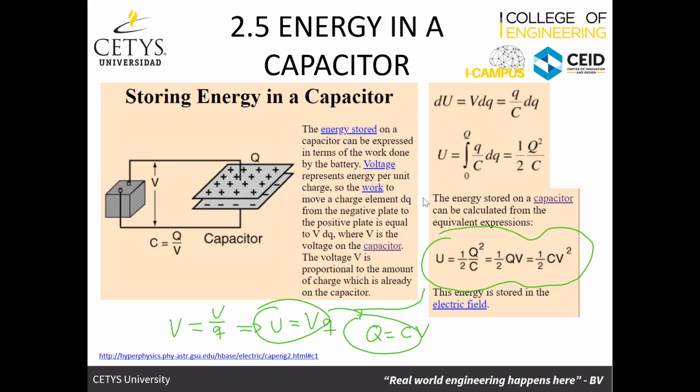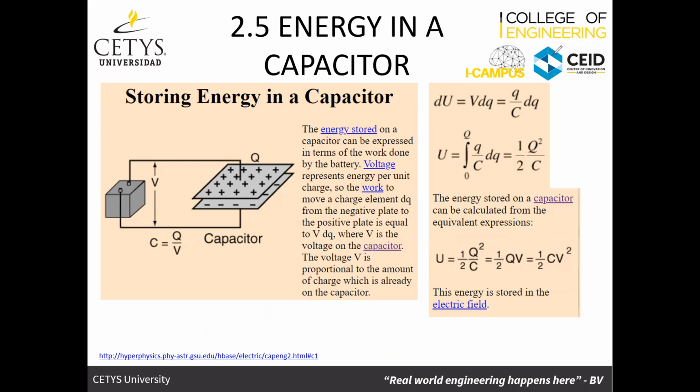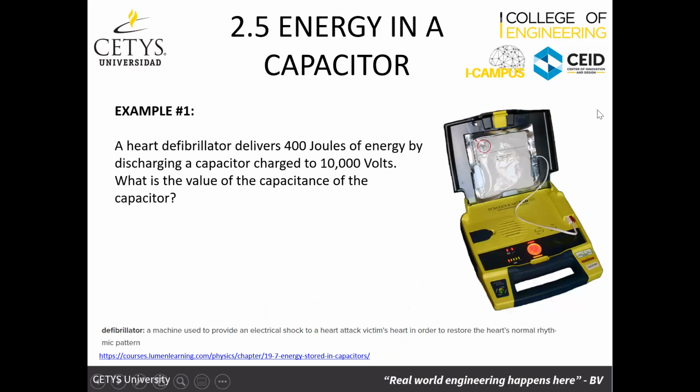Remember that all of this information is in the PowerPoints. So let's talk about this. We've got a heart defibrillator that delivers 400 joules of energy. That's the energy required, the discharge that we're giving the person. The capacitor is charged to 10,000 volts, which is a huge amount of voltage, not what you'd have in your car battery.